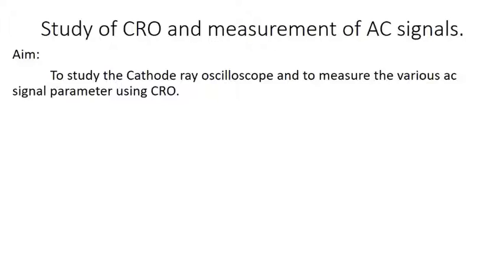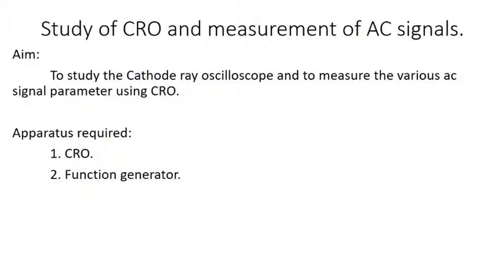For an AC signal, we will have many parameters: voltage, frequency. We are going to measure those parameters using this CRO. The major apparatus required for this is only two things. One is the CRO, and the second one is to generate that AC signal.